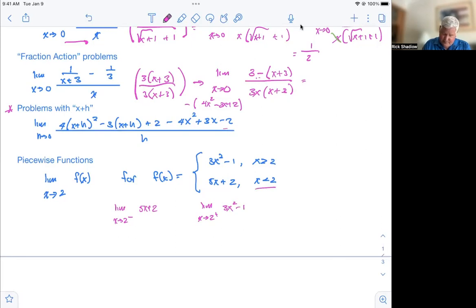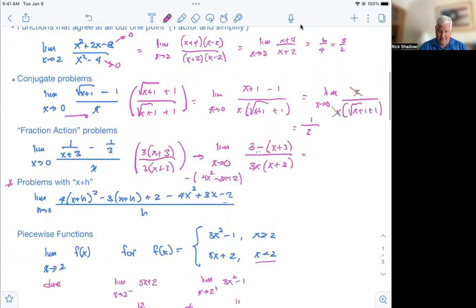This limit would be 10 plus 2. The left-hand limit is 12. And the right-hand limit, if you put in a 2, 2 squared is 4 times 3 is 12 minus 1 is 11. Since those are not the same, 12 is not equal to 11, the limit does not exist, because the left-hand limit is not equal to the right-hand limit.